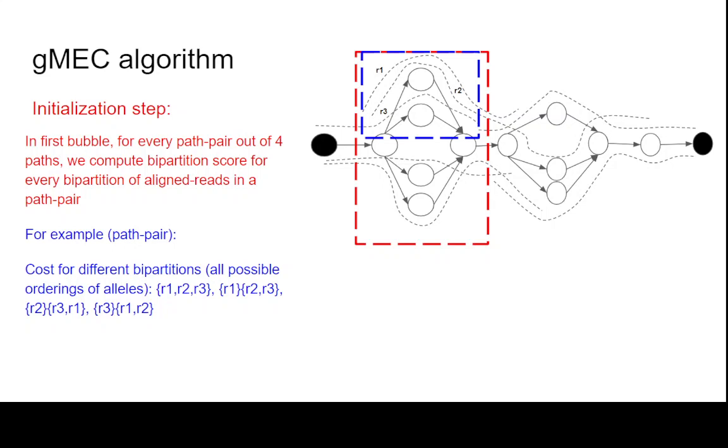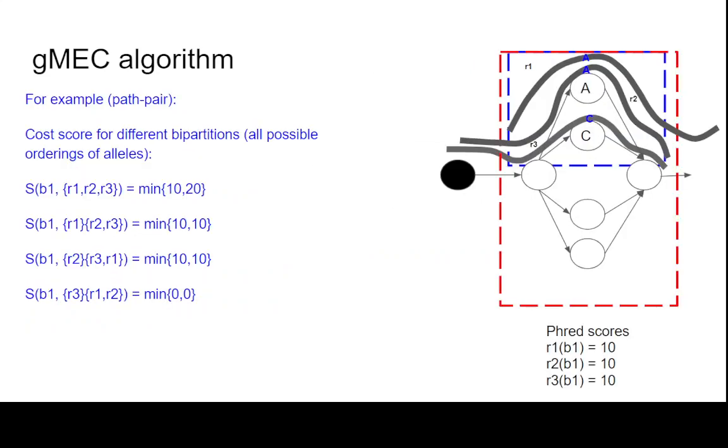For example, here there are 3 reads. You can assign all to one side, and the other possibilities follow. So the number of possible bipartitions is 2 to the power of the number of reads minus 1. We calculate the score as follows. For example, we are on bubble B1 and want to calculate the score for R1, R2, R3.